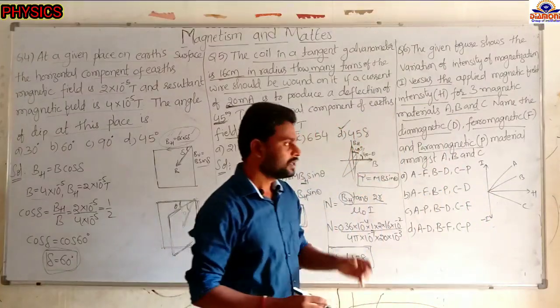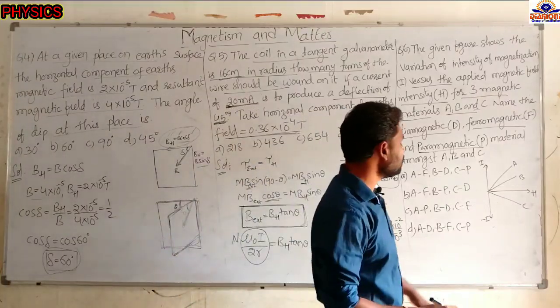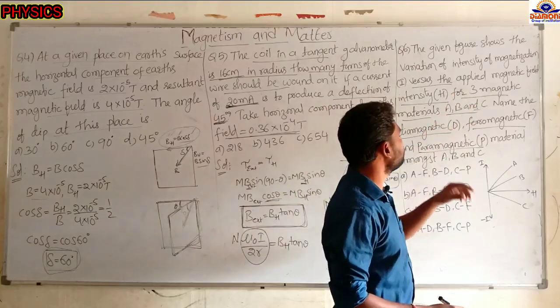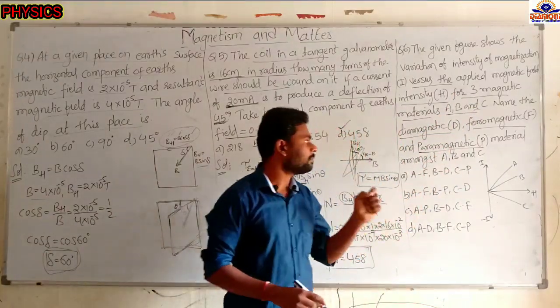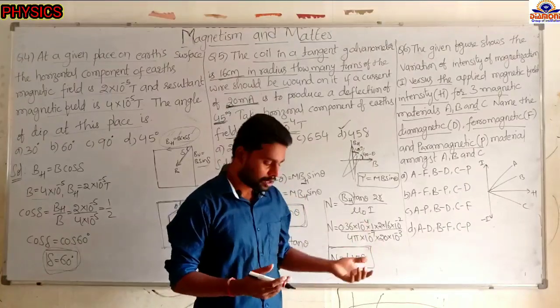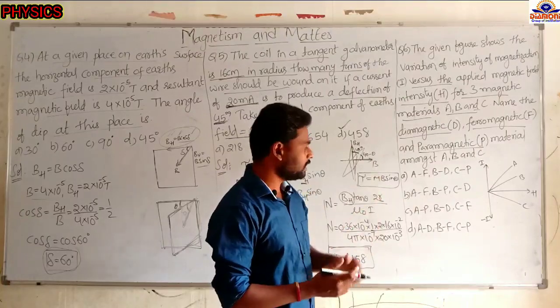Here you have to remember one thing. If we keep the diamagnetic, paramagnetic or ferromagnetic material in the external field, how is the intensity of magnetization developed in those materials? From theory you will get that.